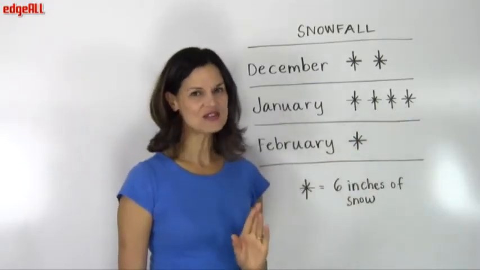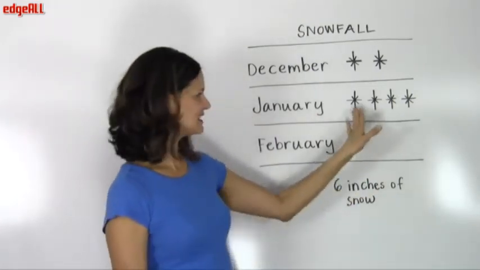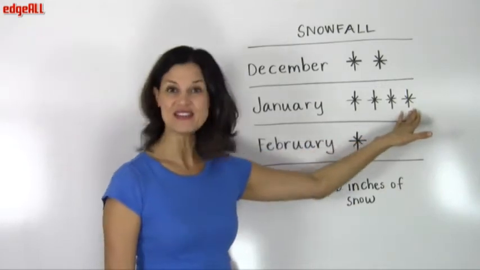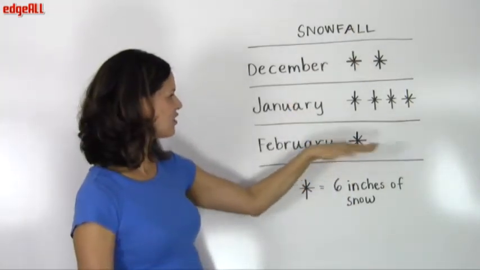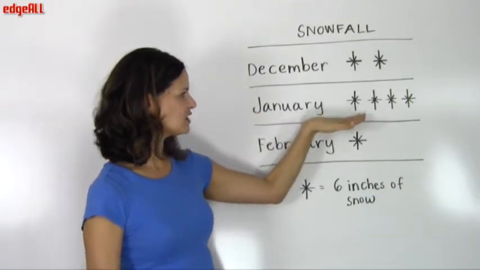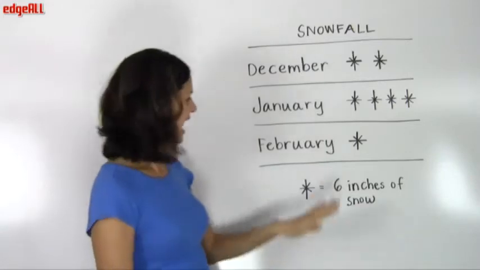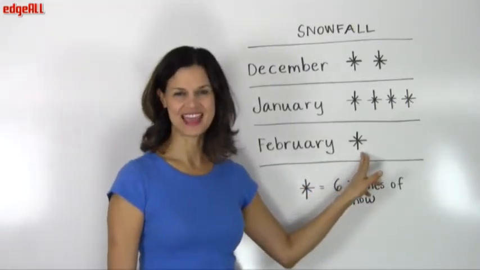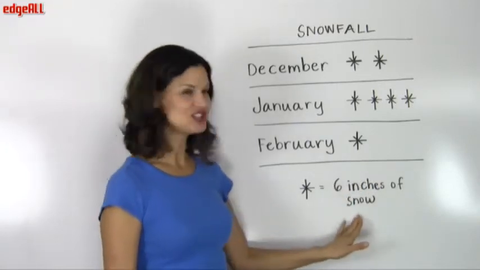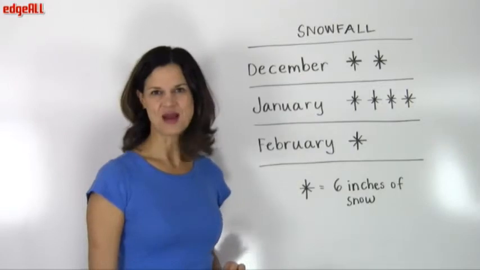And each snowflake equals 6 inches of snow. And so 6 times 4 is 24. And we can see from our pictograph of snowfall that in January, 24 inches of snow fell. And for February, we only have 1 snowflake. And that tells us that just 6 inches of snow fell in February.